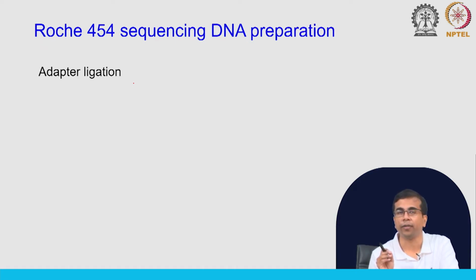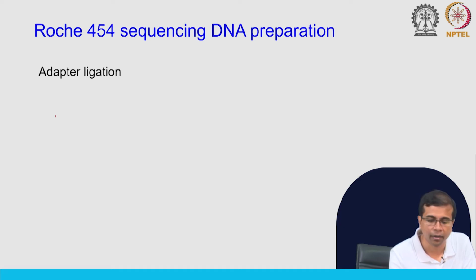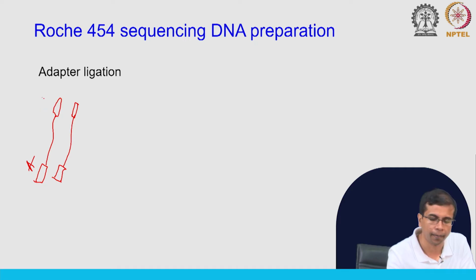Okay. So, one of the first things we do is adapter ligation. We have mentioned, right, we have this DNA fragment, right, and we can have these adapters A and B, right, at these two ends of these fragments. Okay.